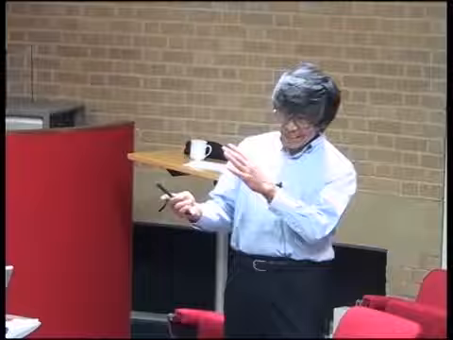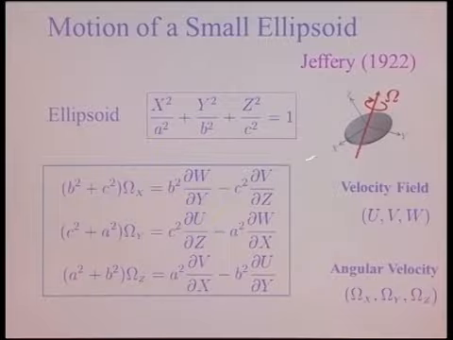And I rewrite Jeffery's equation in my notation. This ellipsoid, capital letter, is a coordinate fixed to this ellipsoid, with velocity field like this.